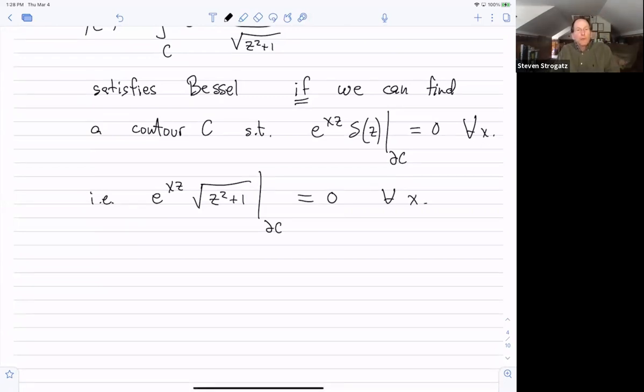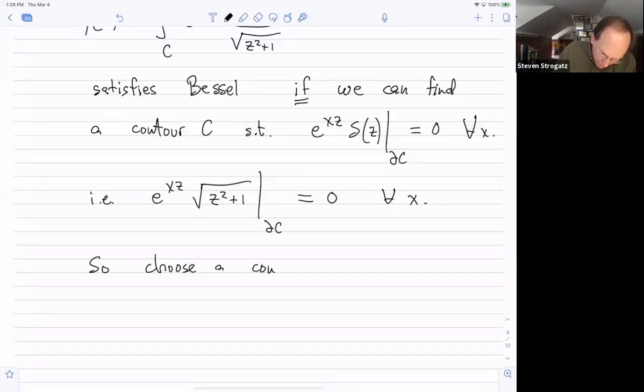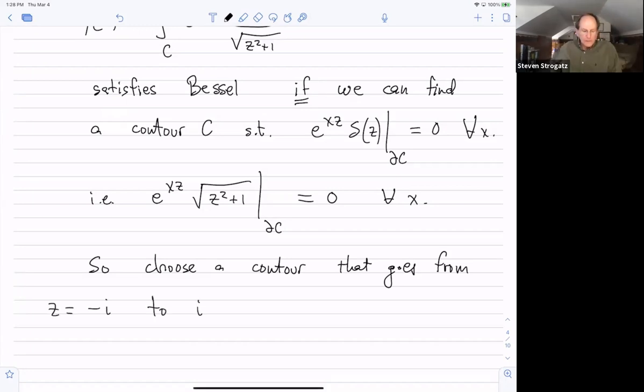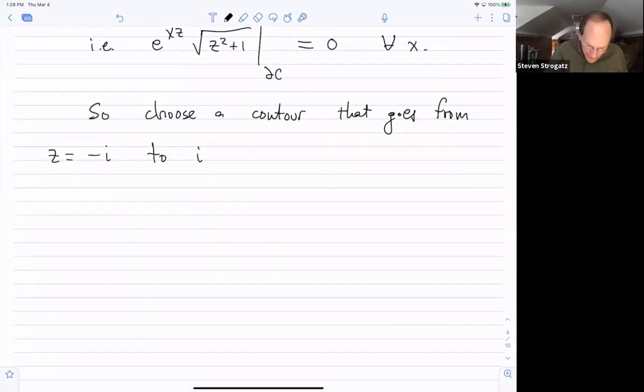I mean, if I just make that square root be 0 at the endpoints, that would take care of it. So one way that would work is choose a contour that goes from minus I to I. And that will take care of it. Now, a very simple choice would be just a little vertical line segment.